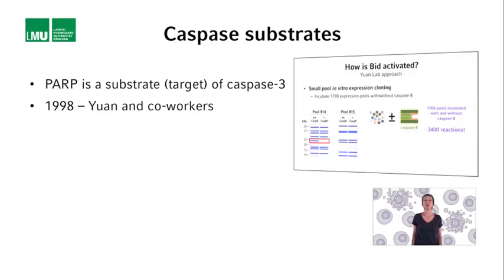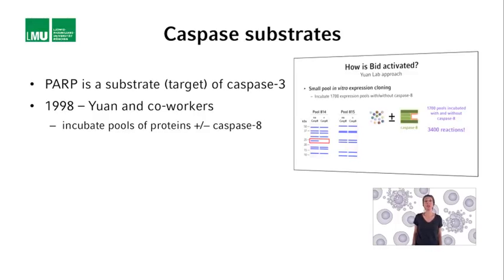Maybe take a minute or so to remember. What they had done is the following. They translated in vitro pools of proteins that are normally expressed in the mouse spleen. And they incubated these pools of proteins with or without active caspase 8. This way, they were hoping to identify proteins in these pools that were specifically cleaved by active caspase 8.